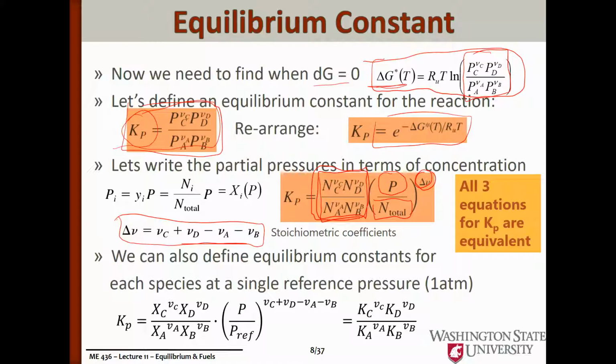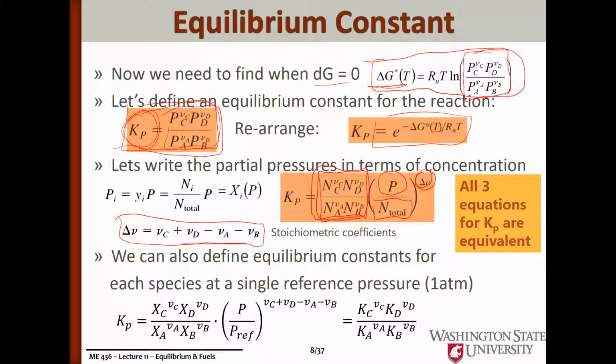What I want to hit on again here is that all three of these definitions of Kp are equivalent. And what we can do with this is, given some concentration of species, we can find the equilibrium constant. So we could run an experiment knowing the temperature, measure the species, find this equilibrium constant, and tabulate it as a function of temperature.